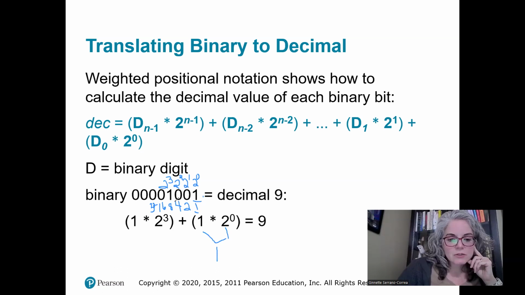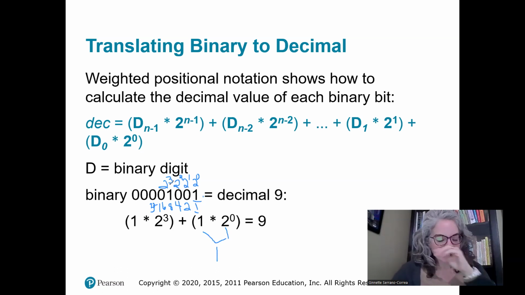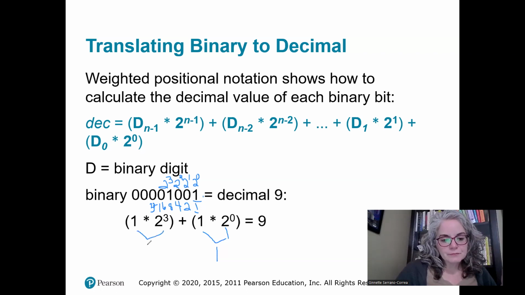So this one is 2 to the power of 3, which is 8. 8 times 1 is 8. Then you take these two numbers and you add them together. 8 plus 1 gives you 9. So this binary number is the decimal 9. That's what it's worth.